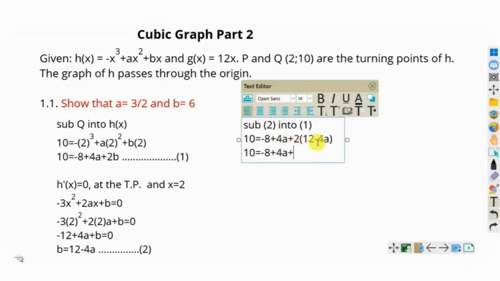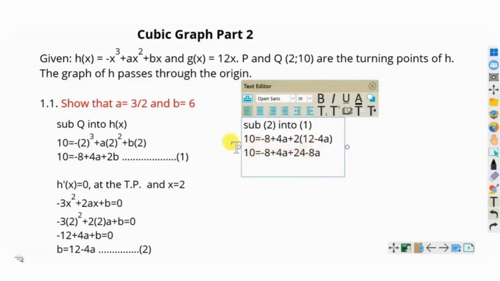That is going to be 24, and 2 multiplied by negative 4a is going to be negative 8a. Okay, when I simplify further here, negative 8 plus 24 becomes positive 16.